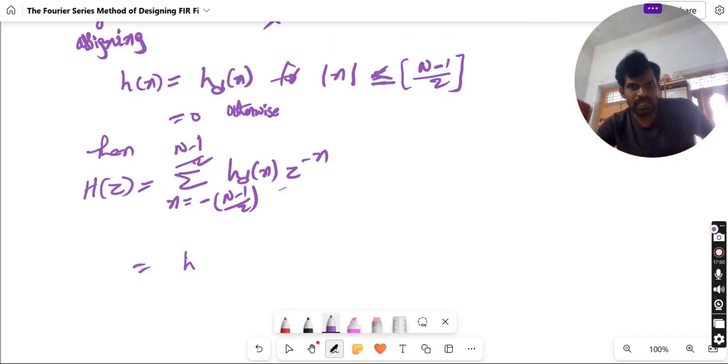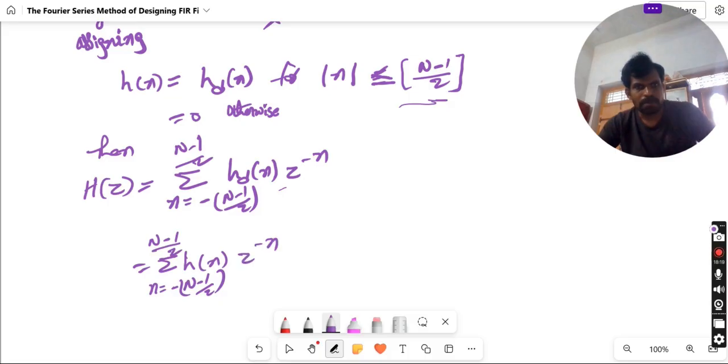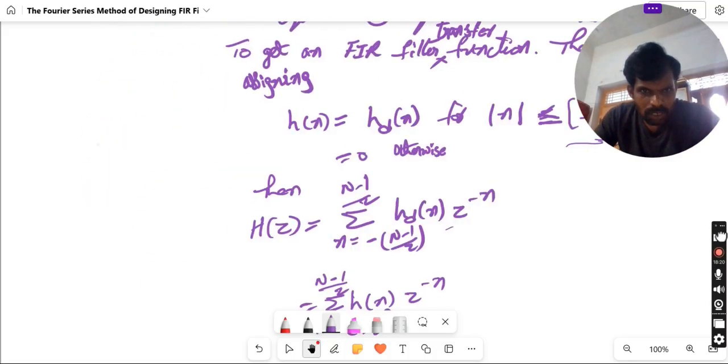So the summation is over small n from minus (N minus 1) by 2 to (N minus 1) by 2 of h of n into z to the power of minus n. Let us expand that summation.